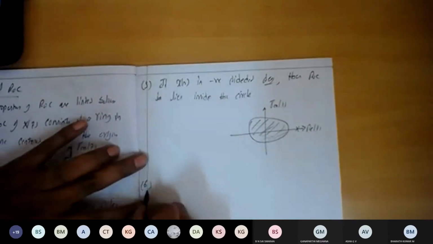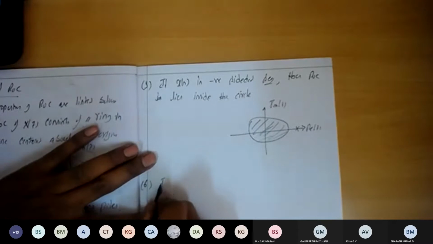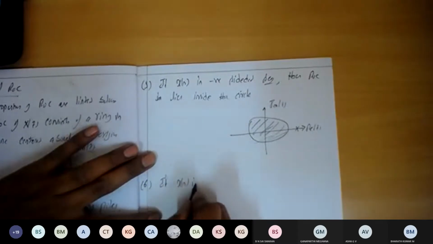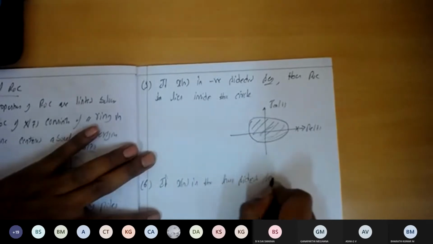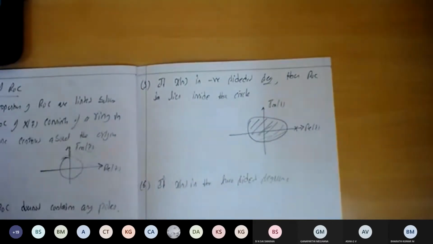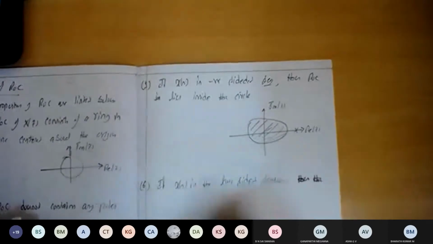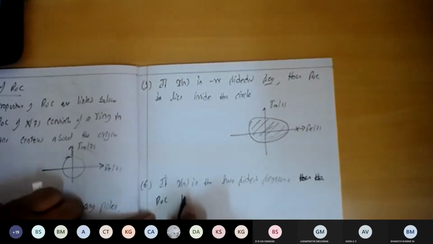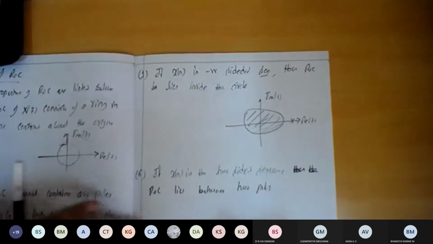Take the next property for the double-sided sequence: if x of n is a two-sided sequence, then the ROC lies between two poles. Between the two poles, the ROC is going to lie.